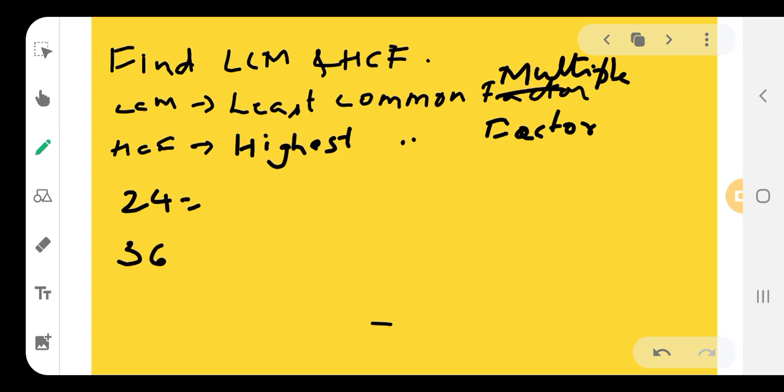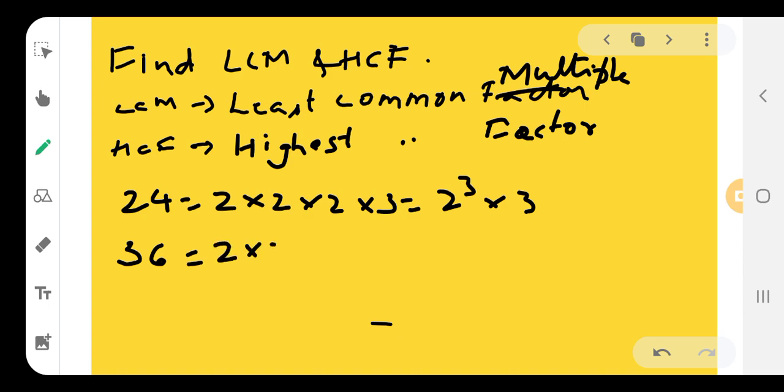So 24 we can write in terms of 2 into 2 into 2, 2 2s are 4, 4 2s are 8, 8 3s are 24. So it is 2 cube into 3. Okay. Now here 36 we can write as 2 into 2 into 3 into 3, that is 2 square into 3 square.